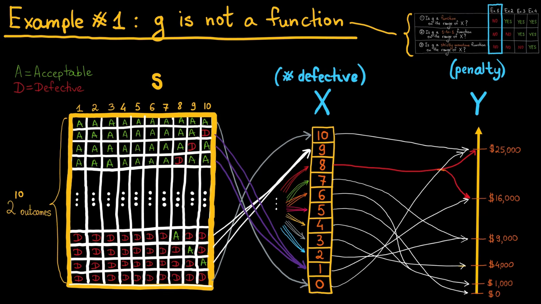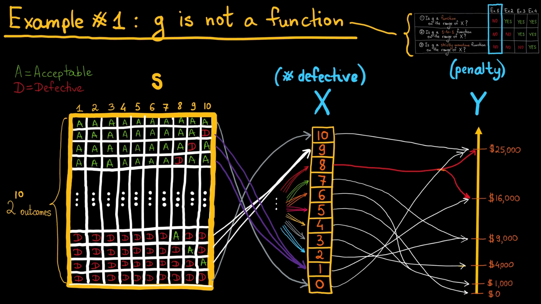But notice that that transformation lowercase g is not even a function because, first of all, there's an element in the range of x, 9, which is not mapped to any value in the range of y. So the totality property of a function is not satisfied.